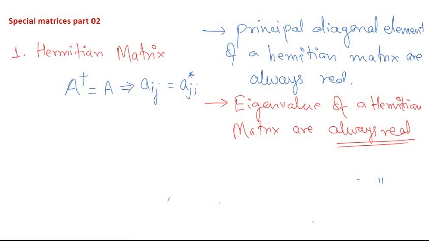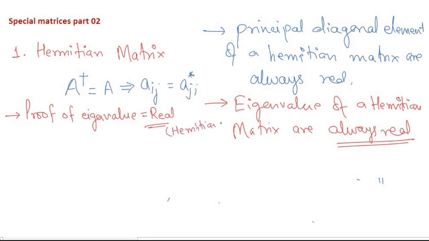So I have deleted all the things which I had written on the right-hand side. The statement is: proof that the eigenvalue is real, and for this I am doing it for a Hermitian matrix. Okay, so let us write the eigenvalue equation. The eigenvalue equation is A times x is equal to lambda times x.